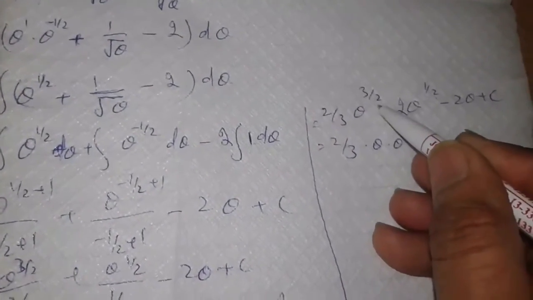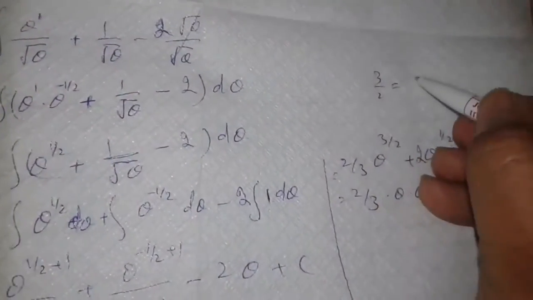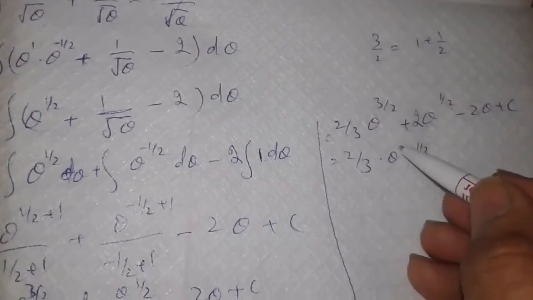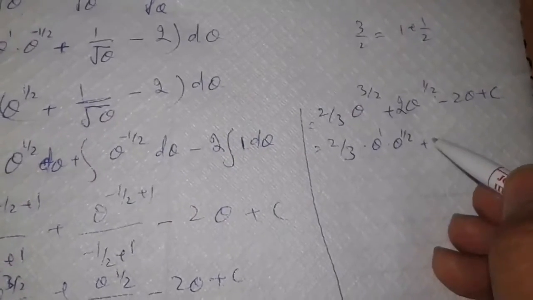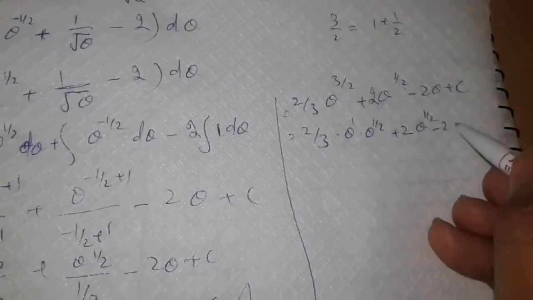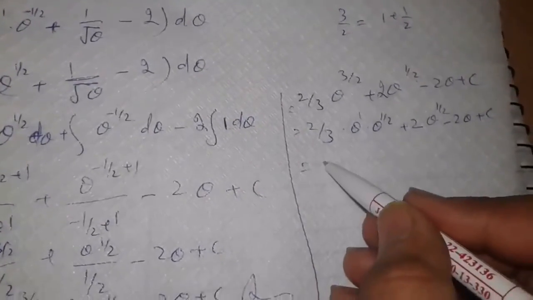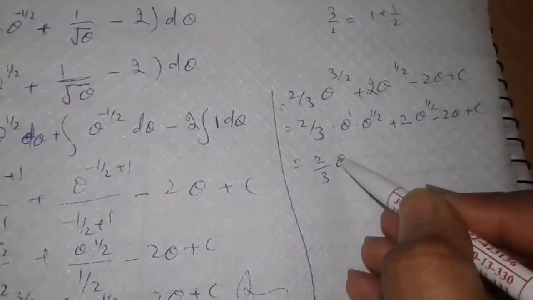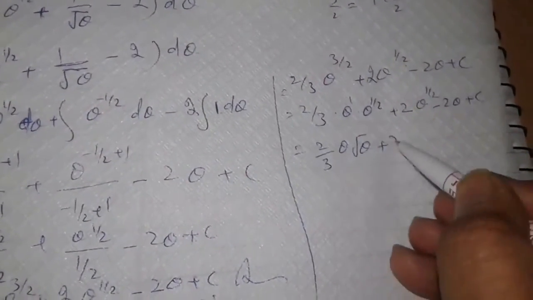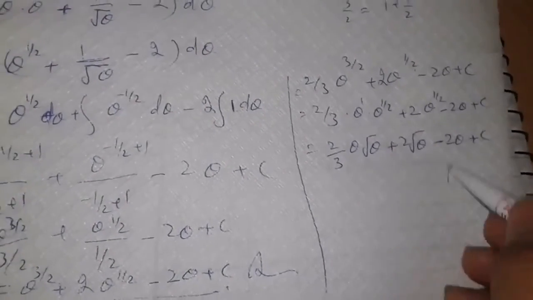This 3 by 2 we resolve it: we can say 3 by 2 is equal to 1 plus 1 by 2. So this is 1 and this is 1 by 2, plus 2 theta power 1 by 2 minus 2 theta plus c. So we can say 2 over 3 theta under root theta plus 2 under root theta minus 2 theta plus c is also a way of solution.